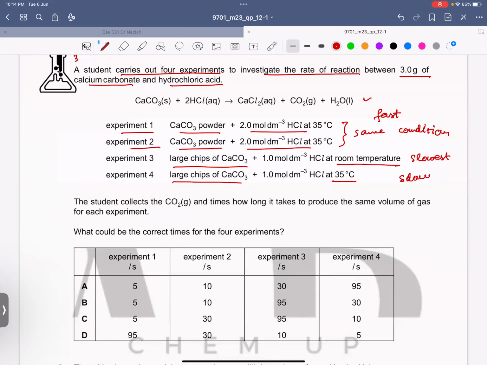The slowest one is experiment number 3. So here we are getting the greatest value for experiment number 3, right? Which makes A and D wrong.